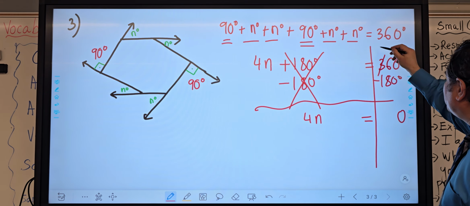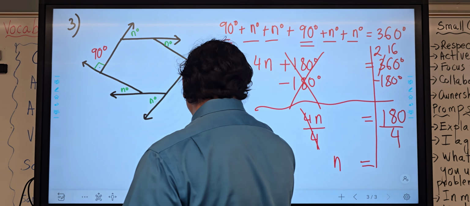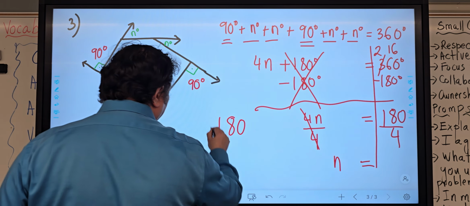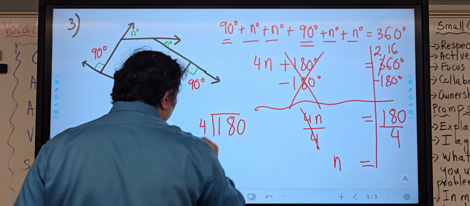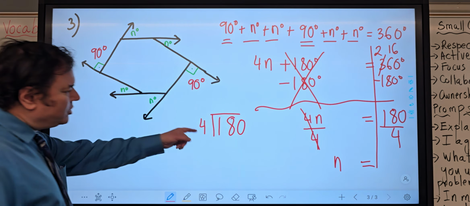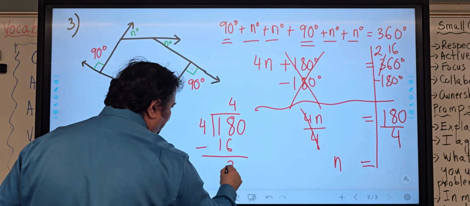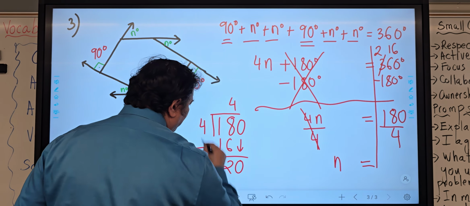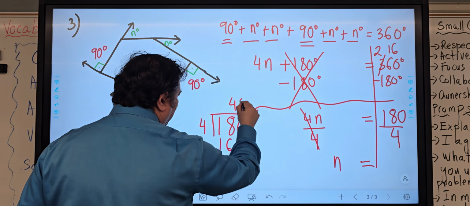So we have n equals 180 divided by 4. 4 goes into 18 4 times. 4 times 4 is 16. Let's subtract 18 minus 16, 2. Bring down the 0. 4 into 20, 5 times. 5 times 4, 20.